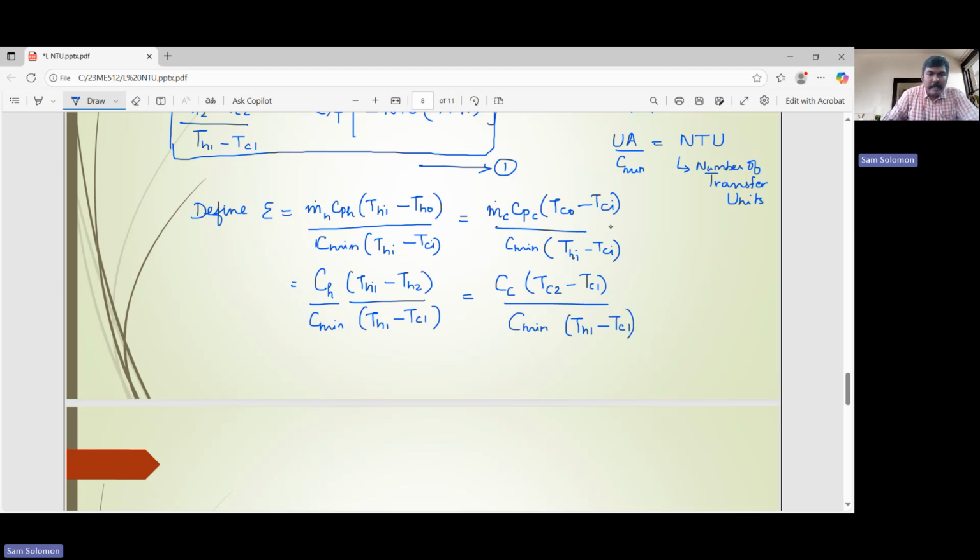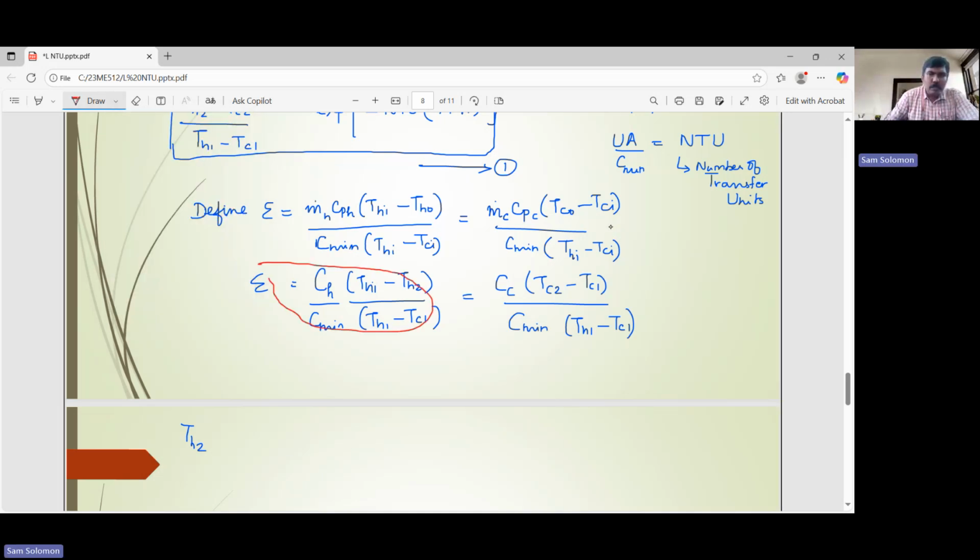Okay. And let me get an expression for TH2 from this particular expression. So let me use this definition of effectiveness.